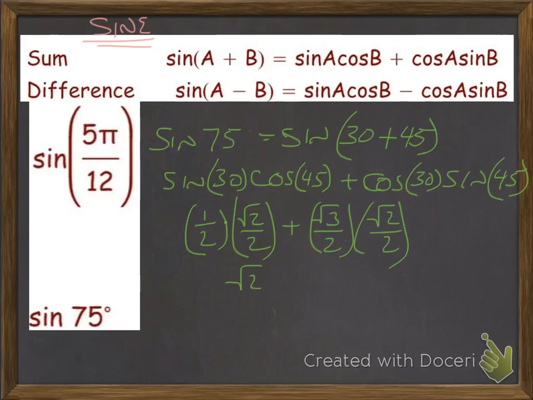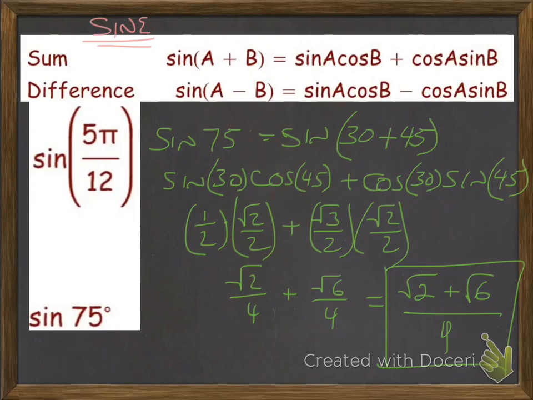So I have square root of 2 over 4 plus square root of 6 over 4 is equal to square root of 2 plus square root of 6 over 4. And this actually is the same as the one before, because 30 degrees and 45 degrees are the same as pi over 4 and pi over 6.